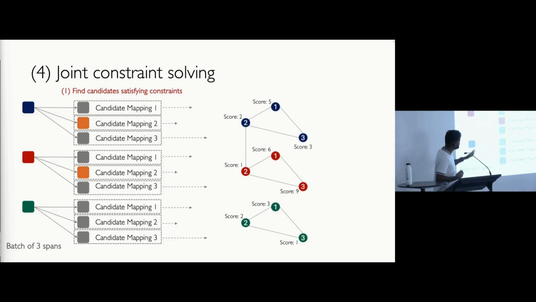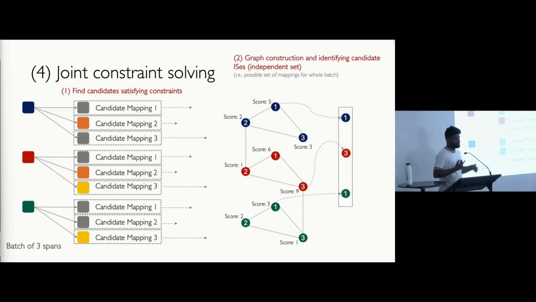For example, here, the orange span cannot be attributed to both the blue and red incoming spans, so we add an edge between them so that they're not simultaneously picked, and so on for the yellow span as well. Then we run our solver, which identifies the maximum independent sets from this graph, and we reiterate this process until we get a maximum independent set which has the highest score, which is where the weighted part comes in. That implies that we have found the most likely set of mappings for this batch of incoming spans.